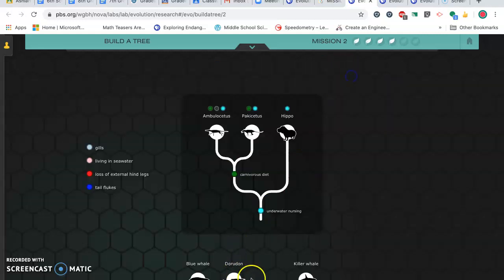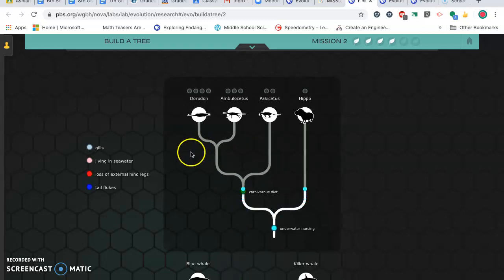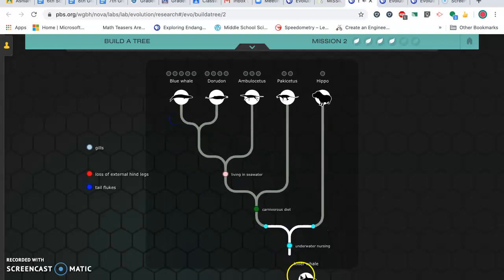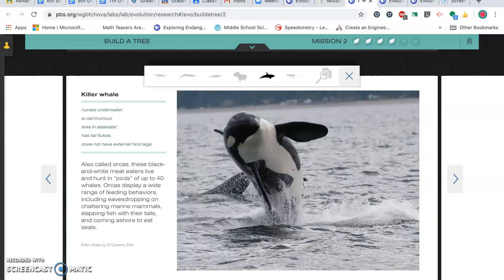All right, so I'm going to bring this up here. And we're going to say they live in the sea. They all live in the sea thus far. All right, and the last part here is we have tail flukes. So I'm going to bring tail flukes in here. And I believe the killer whale has tail flukes too. Yep.